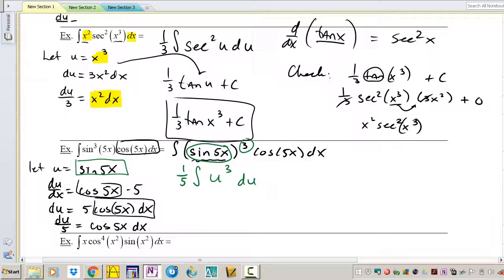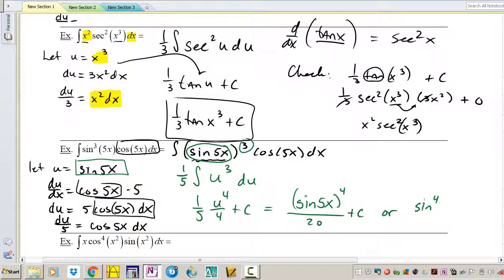Now we can integrate u to the third, and that becomes u to the fourth over 4 plus c, so that my final answer is the sine of 5x raised to the fourth all over 20 plus c, or the sine to the fourth of 5x over 20 plus c. Those two are my answers. And then I'll let you guys make the check. You have to really know your chain rule to check this problem out.